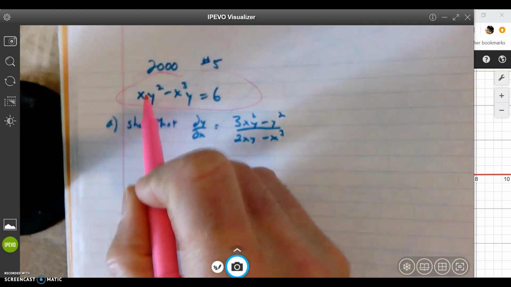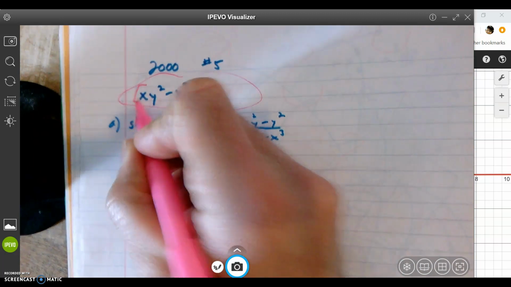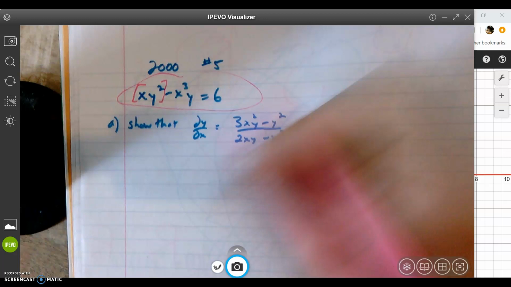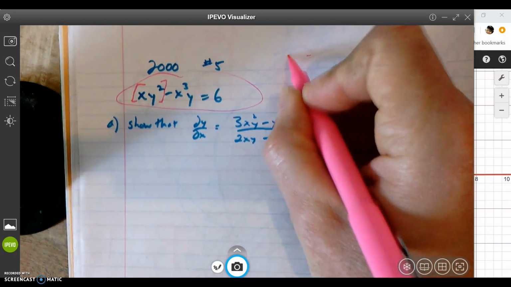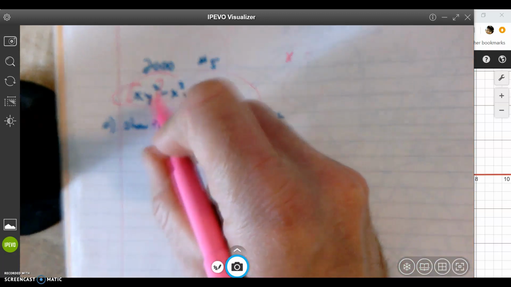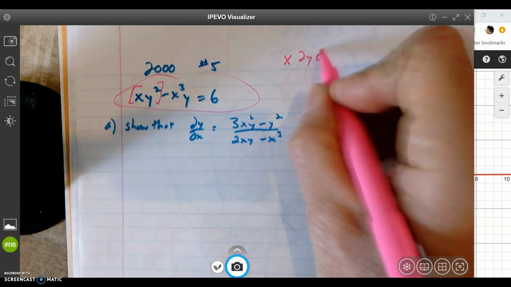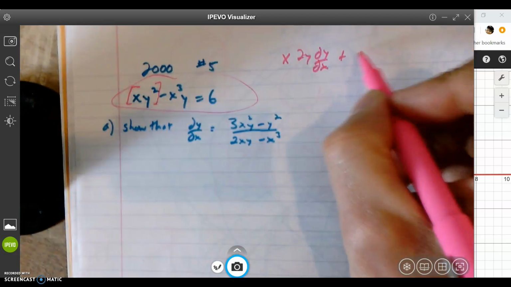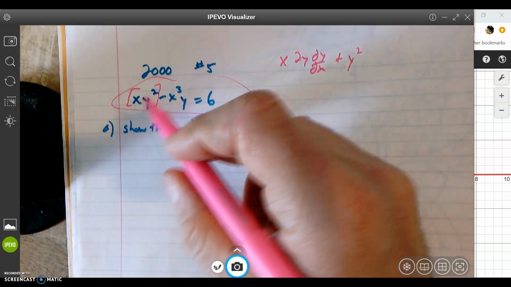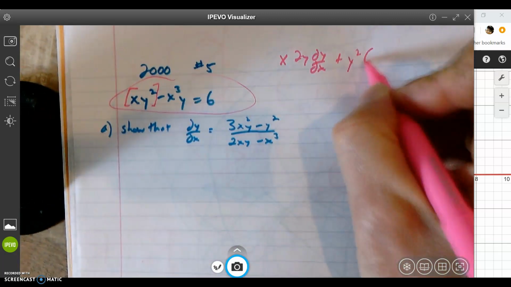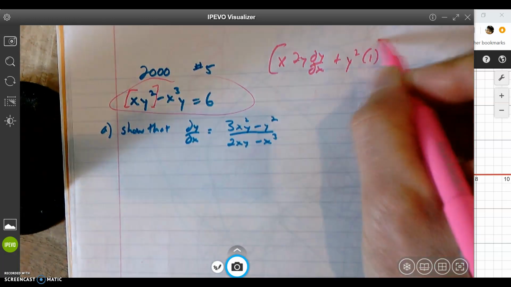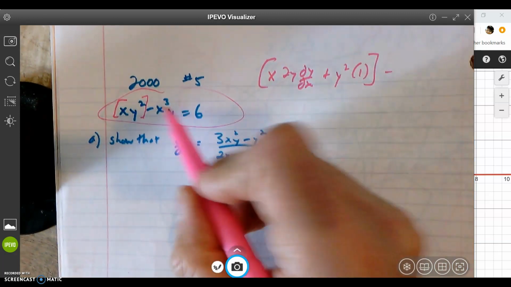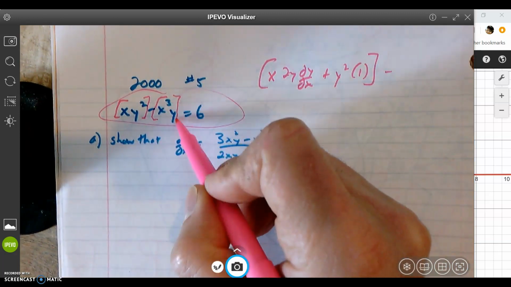If I'm finding the derivative of this, I need to do the product rule twice. Write down the first, derivative of the second: derivative of y squared is 2y dy dx, plus write down the second, y squared, derivative of the first, derivative of x is 1. Minus, and now I'm going to do the product rule again with this part.